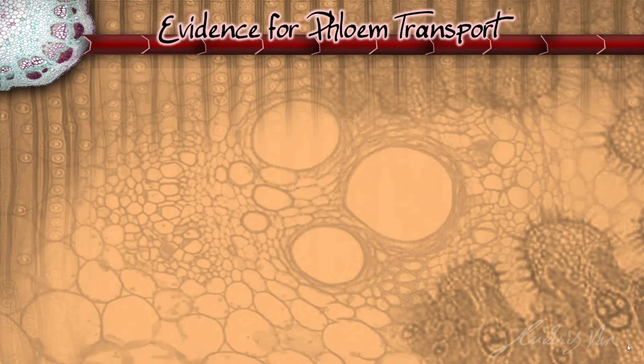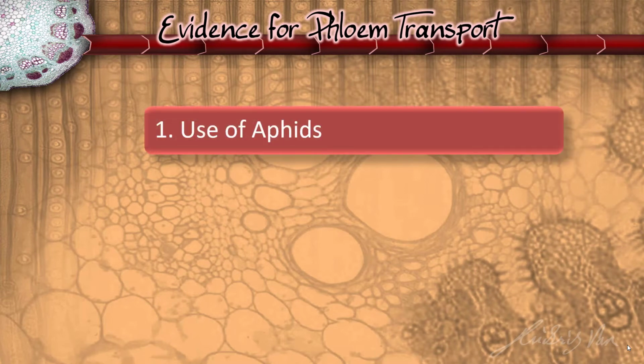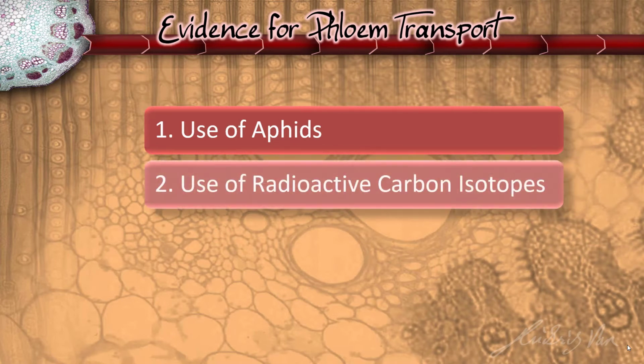So there are three case studies that you ought to know. First is the use of aphids. I have mentioned this in the first video of vascular bundle. Second is the use of radioactive carbon isotope. So what is radioactive carbon isotope?